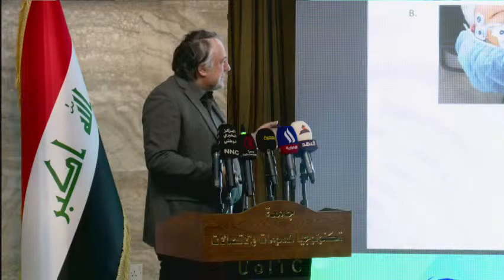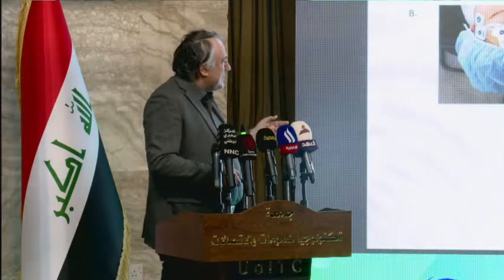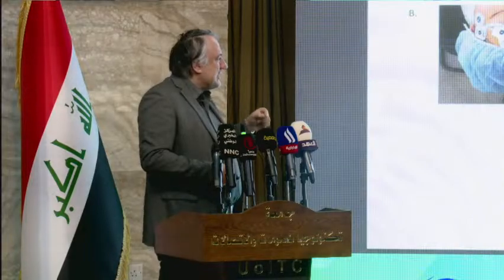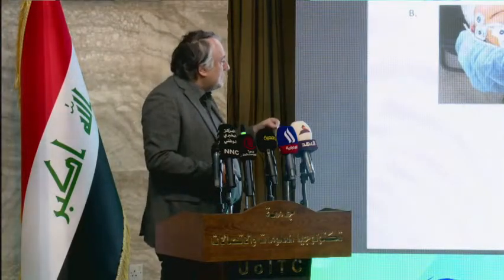Another application is estimating the depth of anesthesia. When a patient goes under anesthesia, we want to measure its depth online by processing the EEG.